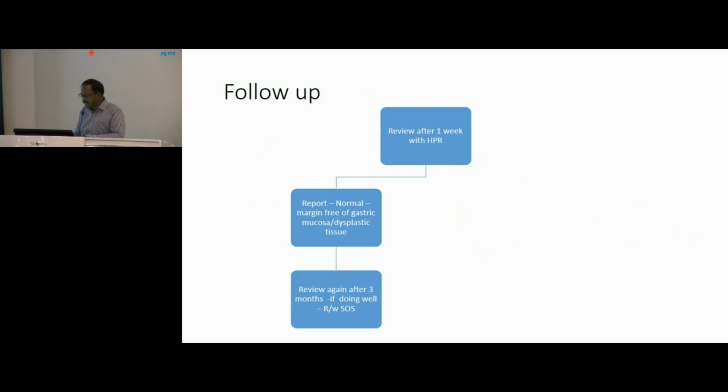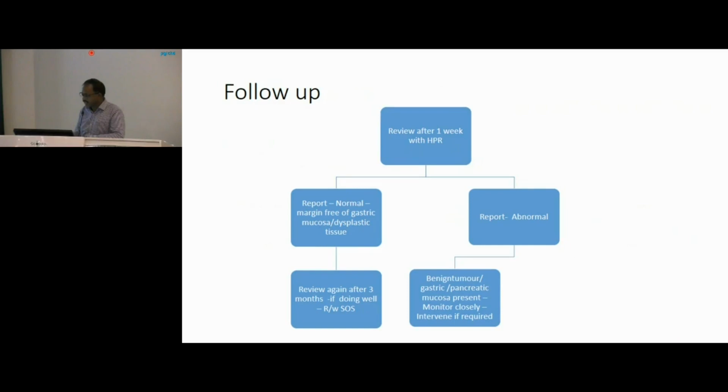If the child is doing well with no other problems, we ask the child to review only if any problem comes up. If the report is abnormal, like a benign tumor or gastric or pancreatic mucosa is present, we monitor the child closely and intervene if required. In case malignancy is detected in HPE, then treatment is according to the malignancy.